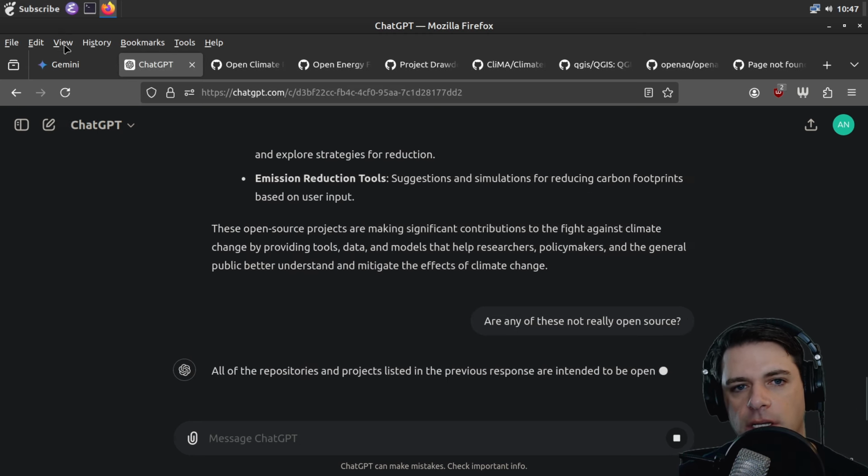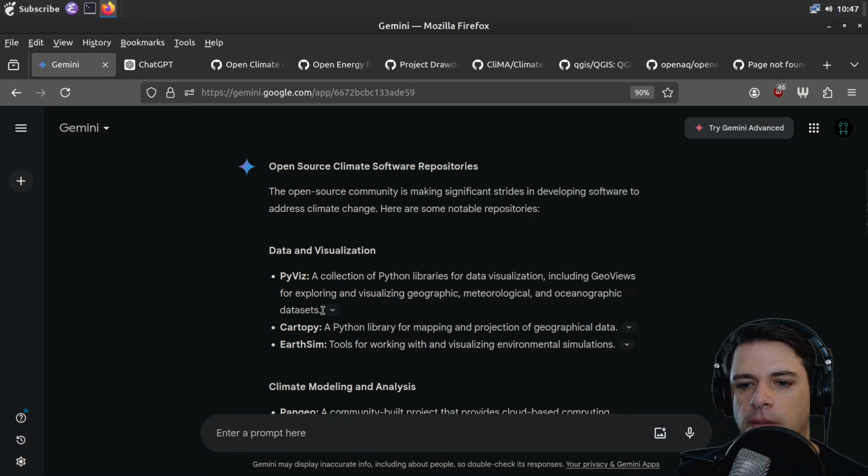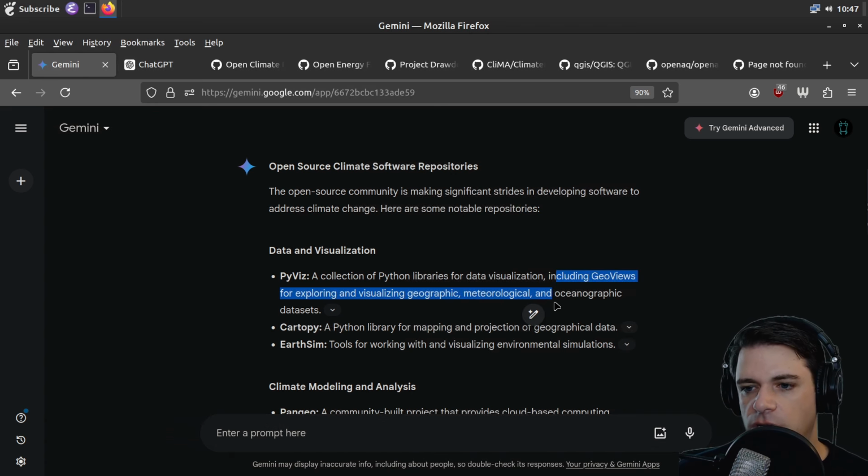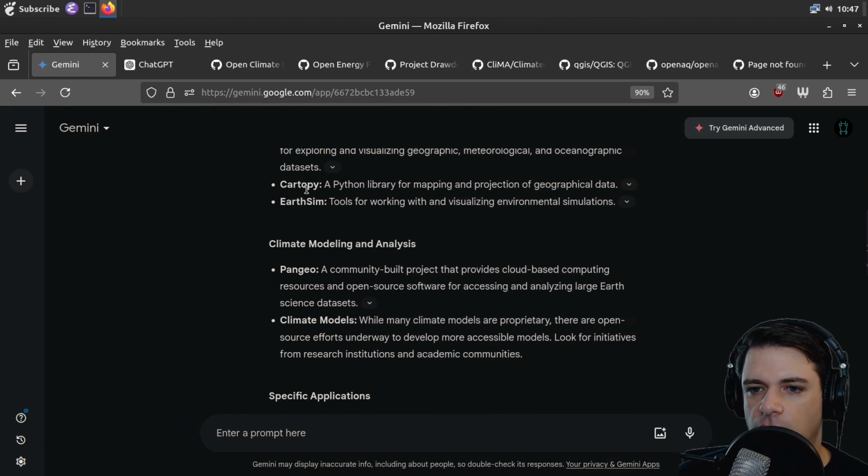Are any of these not really open source? I'll ask, and they already asked Gemini. Okay, so Gemini is kind of going in a different direction. Gemini is suggesting PyViz, a collection of Python libraries for data visualization, including geographic, meteorological, and oceanographic datasets.